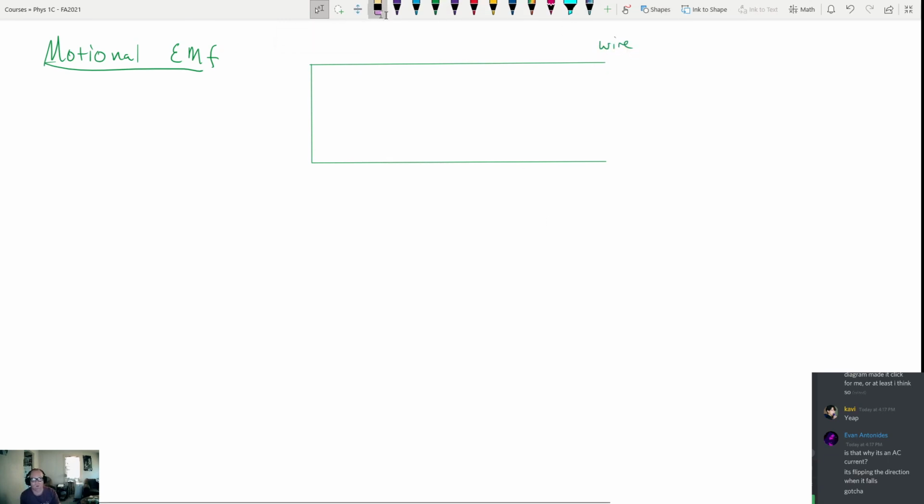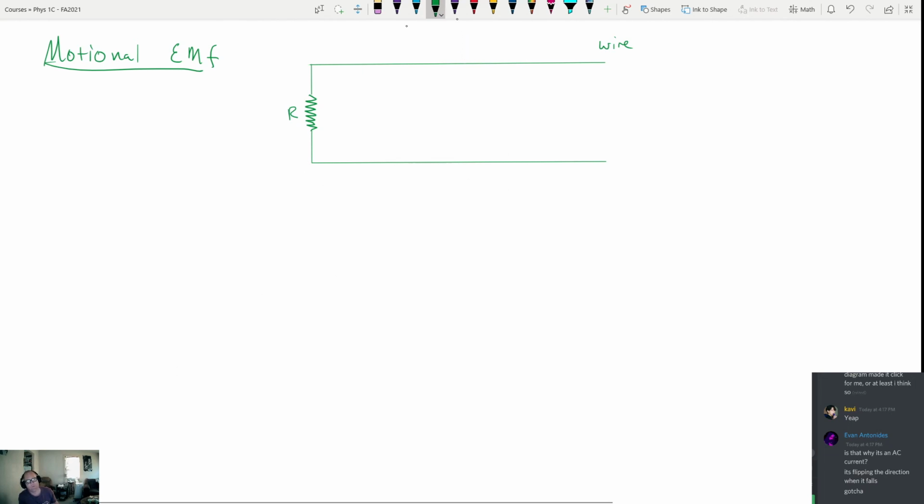And let's say that my wire has a resistance. Let's say that this represents pretty much the total resistance of my wire, that almost all of the resistance is included in this little piece right here. But nonetheless, I have a continuous wire like this, all right?